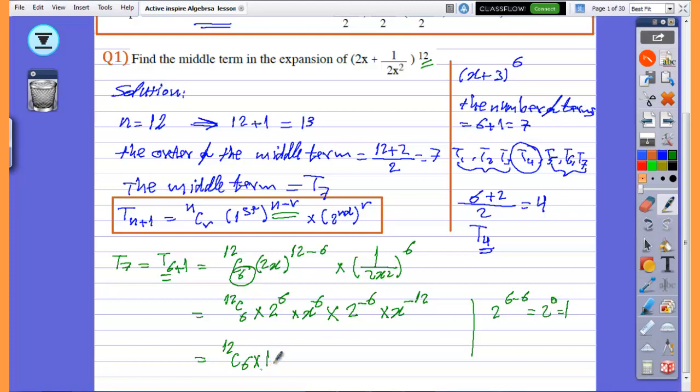Okay, we have 1 multiplied by x^6 multiplied by x^(-12), which equals x^(-6). So the final result equals 12C6 multiplied by x^(-6), and this is the middle term.